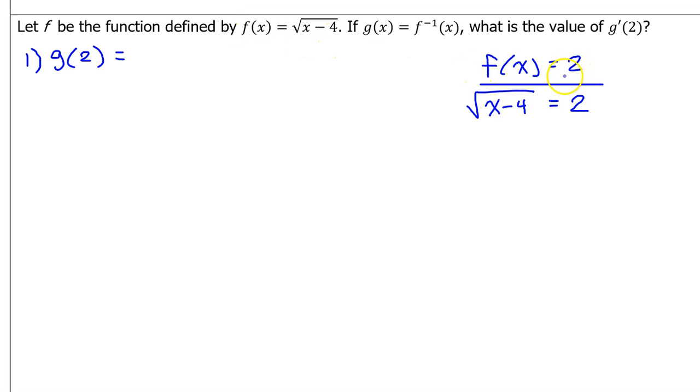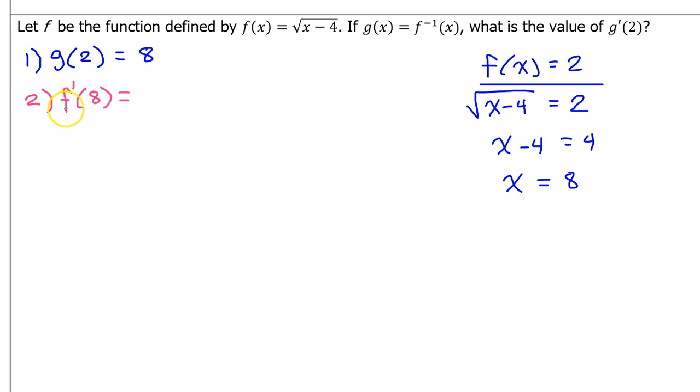So this equation becomes the square root of x minus 4 is equal to 2. We can get rid of the square root by squaring both sides of the equation, which will give us x minus 4 is equal to 4. Adding 4 to both sides, we get x is equal to 8. So that's the value of the inverse at 2.